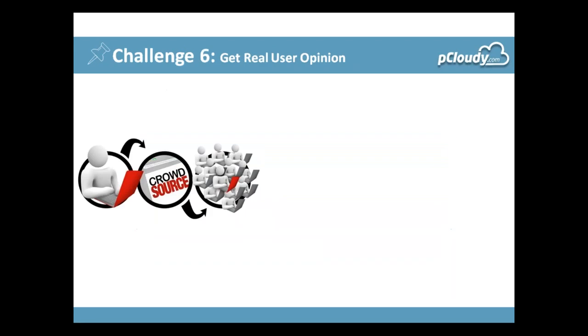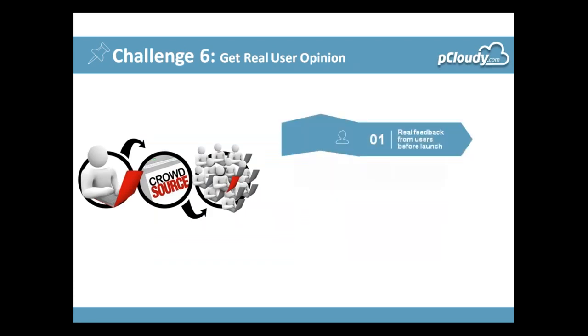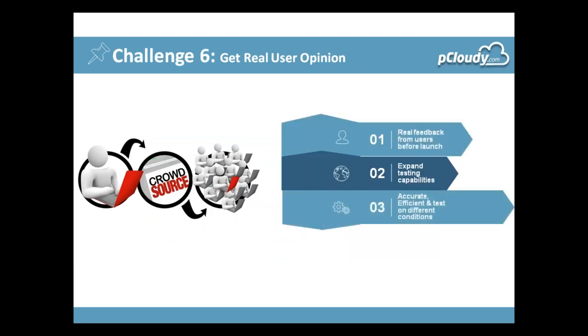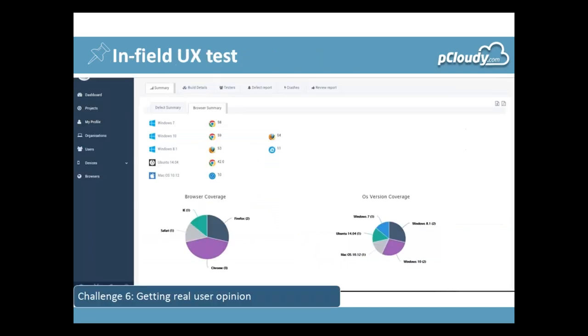So as part of pCloudy, we have integration with a crowdsource testing platform, which we call Crowd for Test, where you can post your application or you can upload your application, select certain criterias in terms of what kind of testing that you'd like the users to do, what kind of users you would like to get as part of Crowd, who will be testing your application.